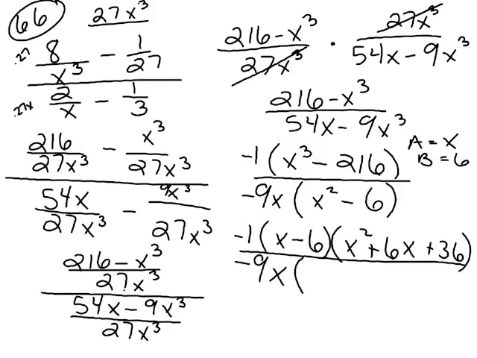So if we pull out the 9x, we're left with x squared minus 6. So I can't see a way to factor that.